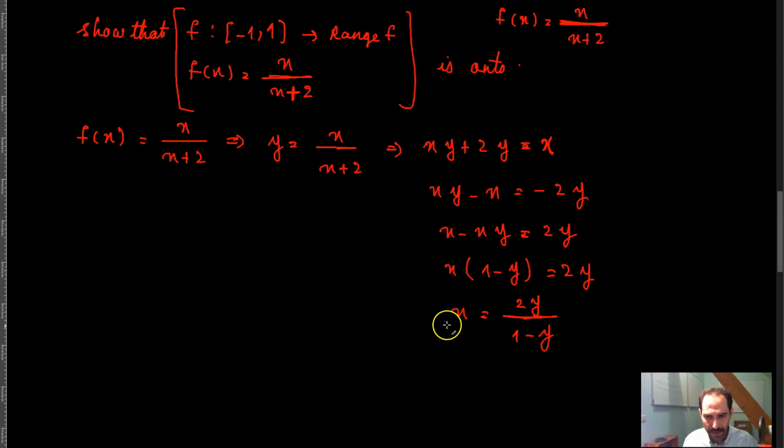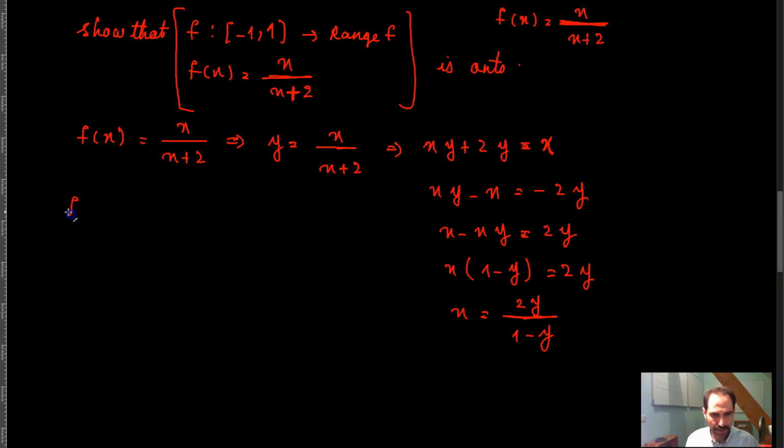And what this means is that if you give this part, 2y over 1 minus y, to your function, it will give you a y.